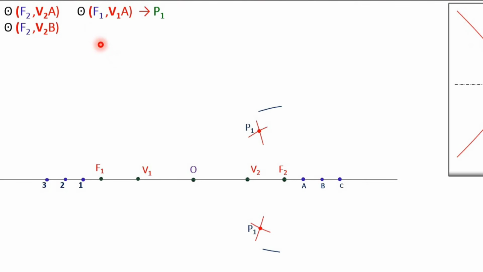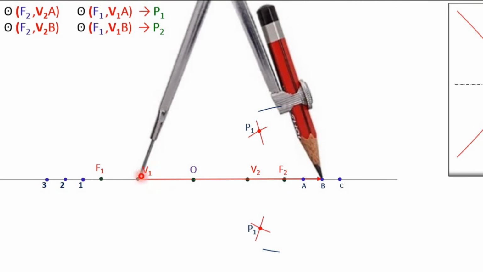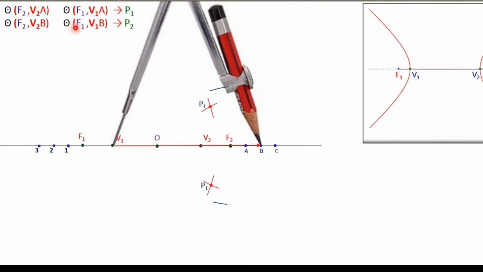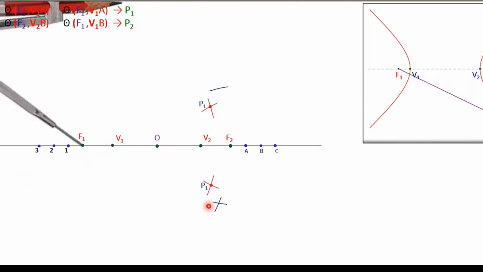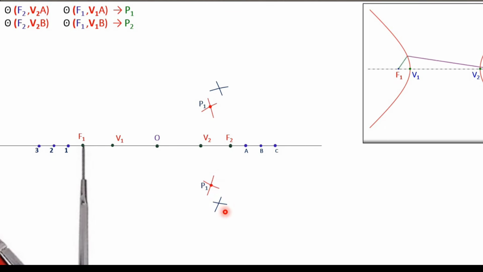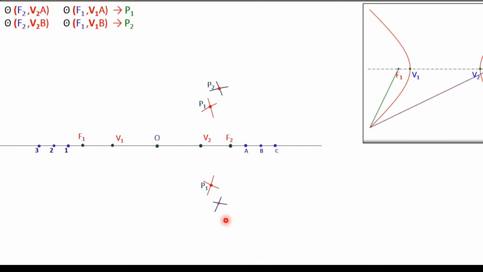Next, here you have to change the radius only. Instead of V1A, now it is V1B. So set the radius as V1B and draw the arc with F1 as the center, on both sides. So you will get the P2 point. Mark it over here, P2, P2.